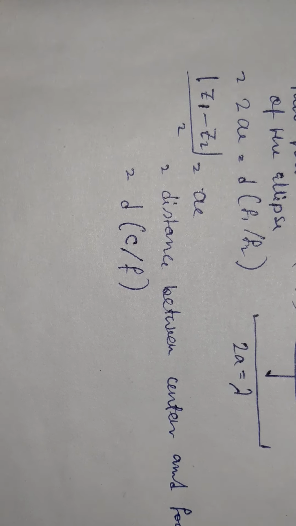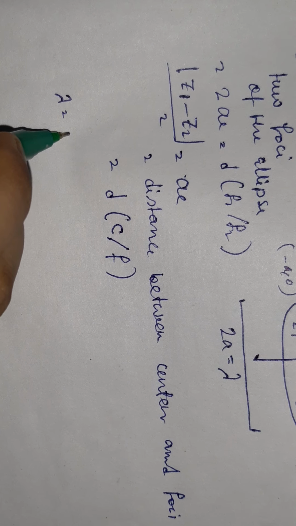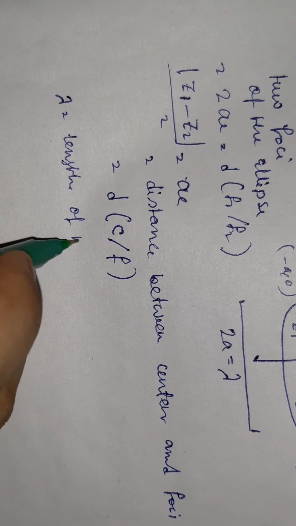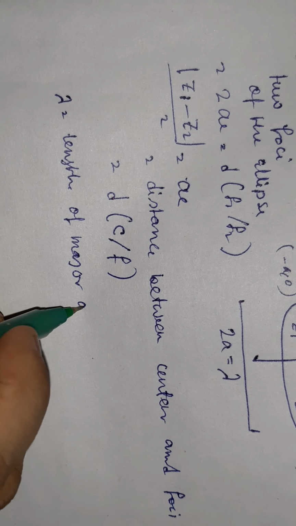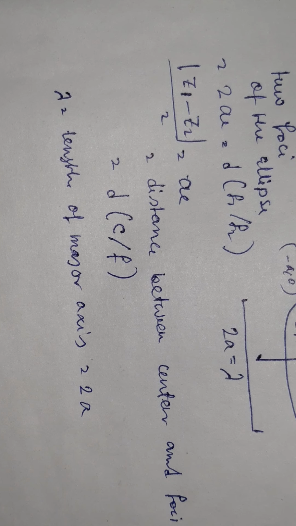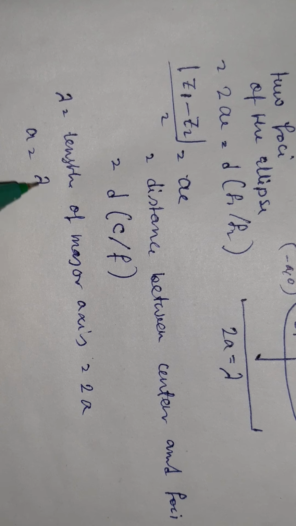And we know that lambda is equal to the length of the major axis, which is 2a. So a is lambda/2.